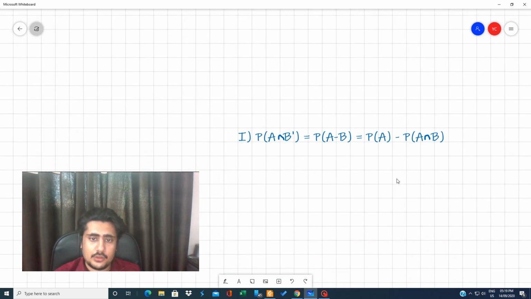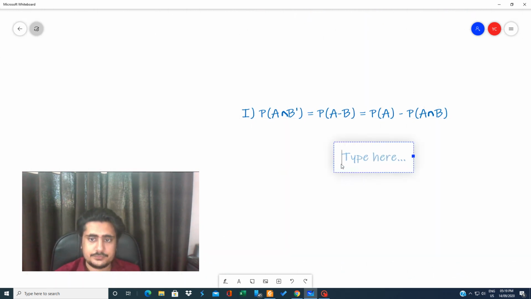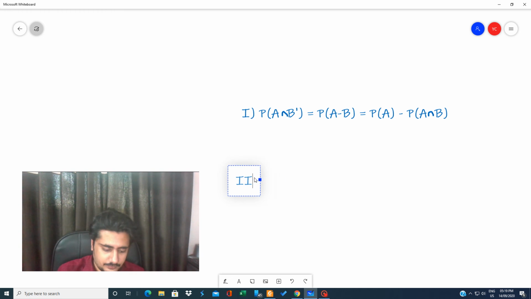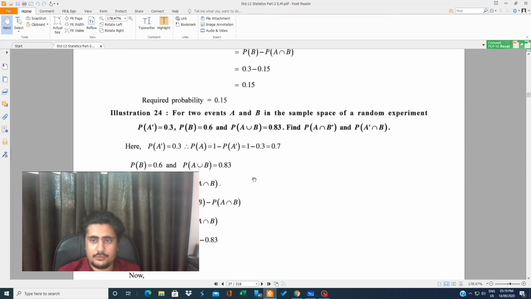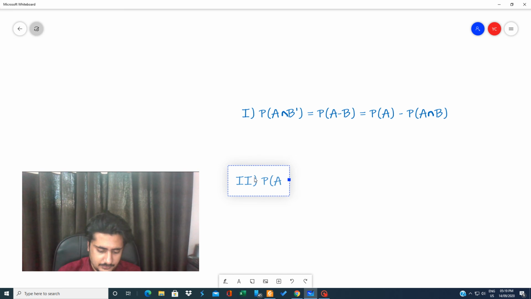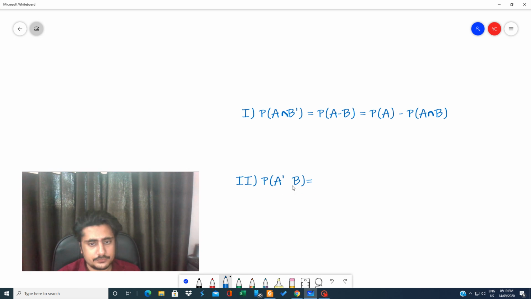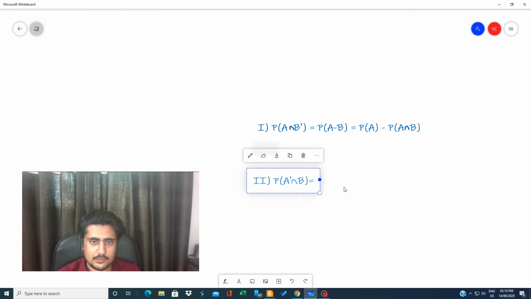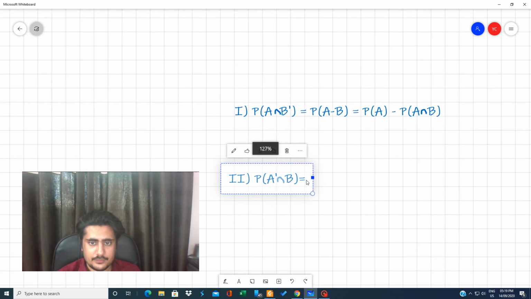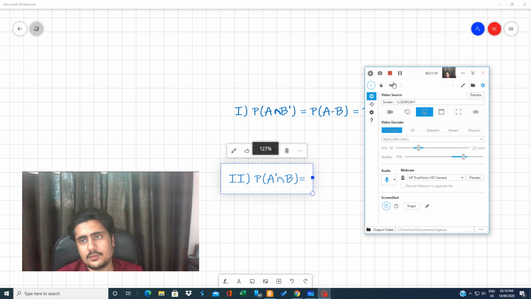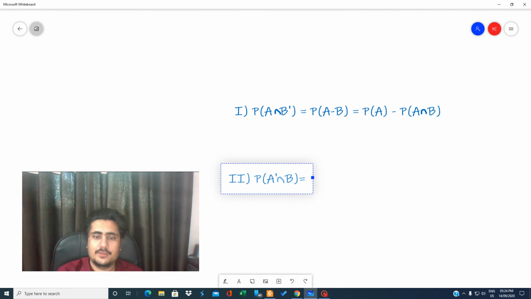Your second question is to find P of A dash intersection B. Okay, so it is P of A dash intersection B. Now what is this A dash?